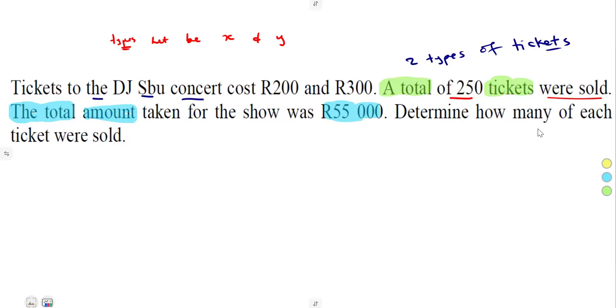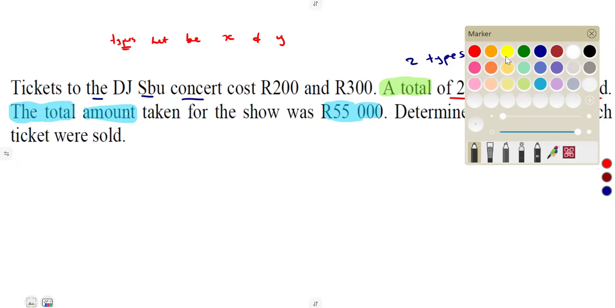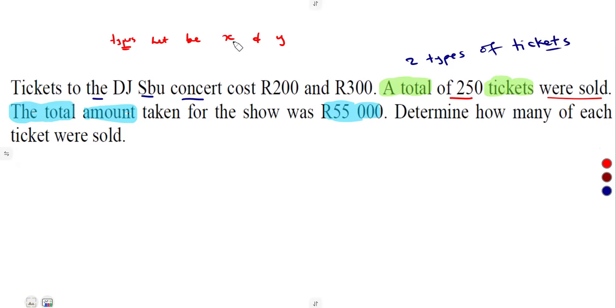Determine how many of each ticket were sold. So we want to know how many X tickets, because these are two types, X and Y. So how many X tickets? How many Y tickets? How many of each ticket were sold? They are two different, remember. That is why they are asking how many of each. Determine.